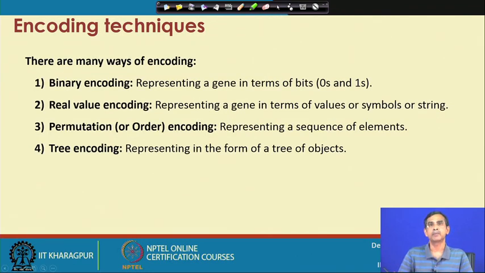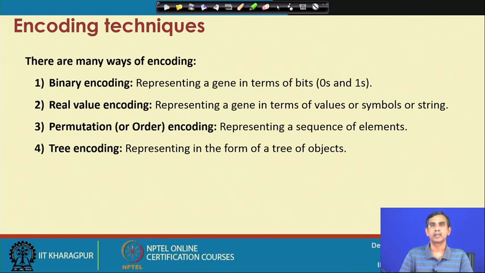Now, we will come to the different encoding techniques. I have already told you 4 different techniques: the binary encoding, the real value encoding, then order encoding or permutation encoding, and tree encoding. Binary encoding, as the name implies, follows the gene value in terms of zeros and 1s, that means the binary representation.